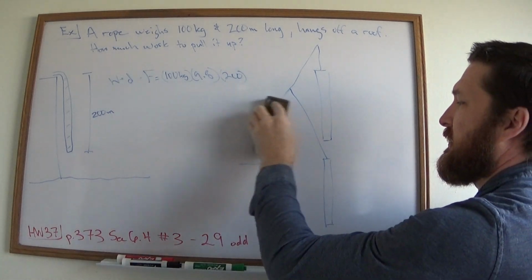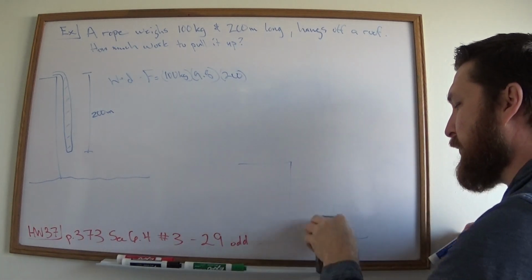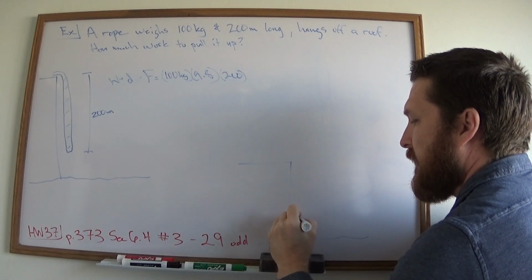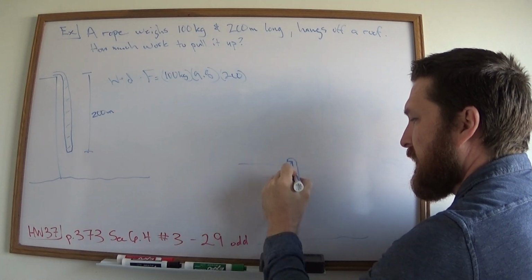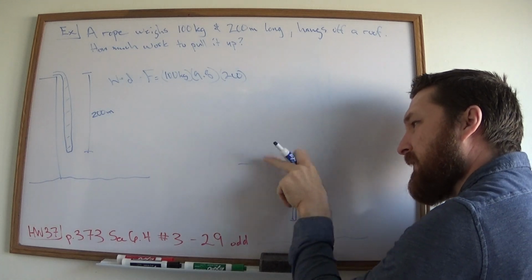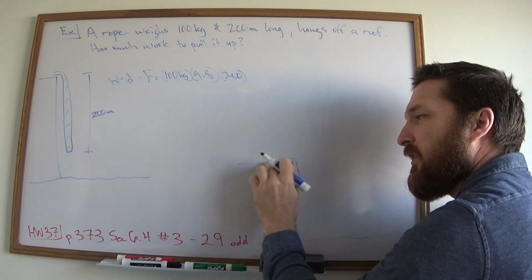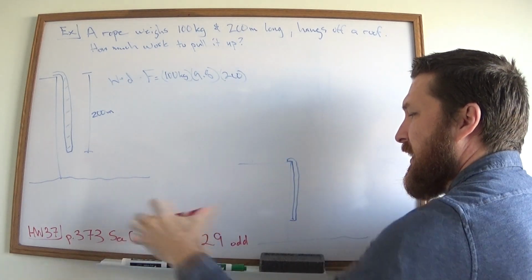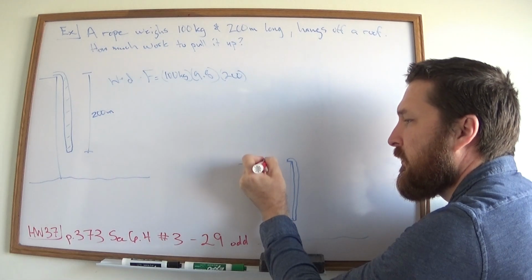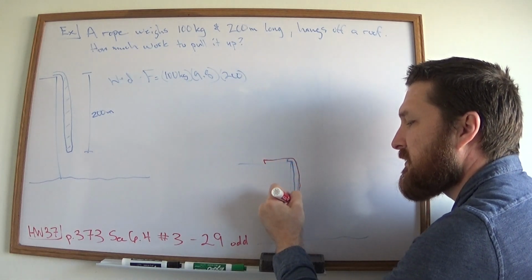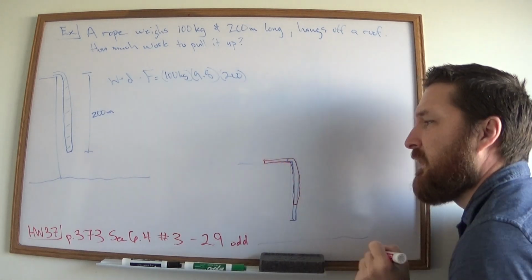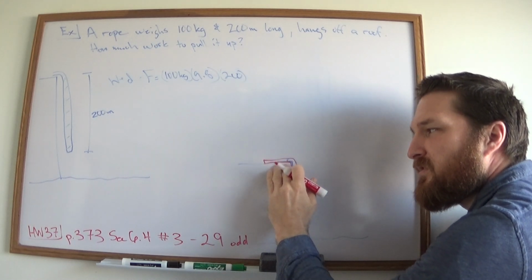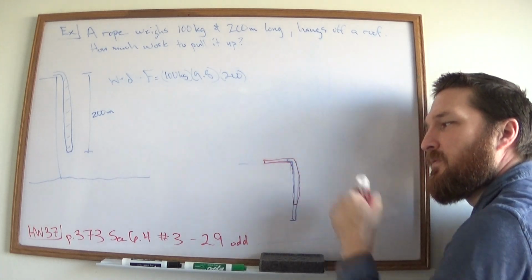What we're imagining is that I'm pulling the rope up from this initial position like this, and I'm going to pull it that way, again ignoring friction or whatever. And so it starts like that, and then as I pull it up, we get it over here, and now it's come up a little bit. And now we're also going to imagine it's on the roof here, so the weight is different as this goes up.